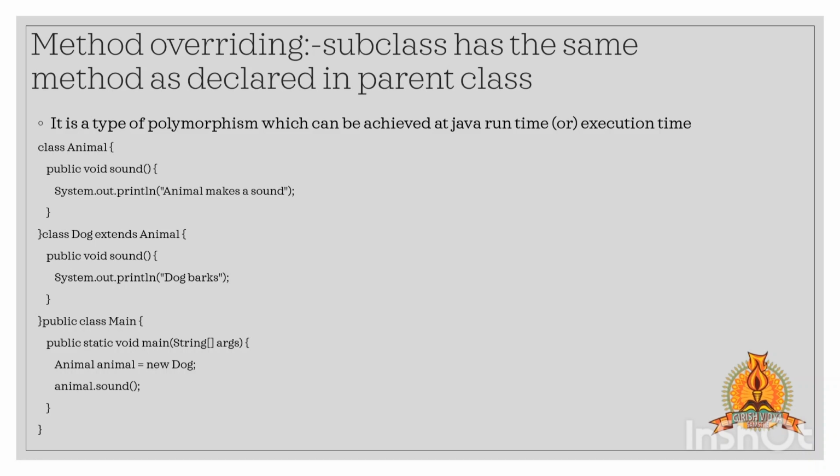Here the program starts from main, and it is storing a Dog in an object of Animal. Dog is the new element that will be stored in the Animal object, and that will give the output Dog barks. Animal dot sound, where will it go? It will go to where the Dog is. So the class Dog extends Animal, right? So what is the output? Dog barks.